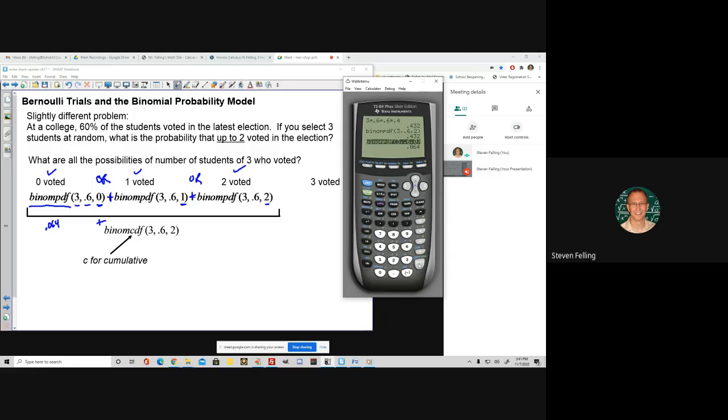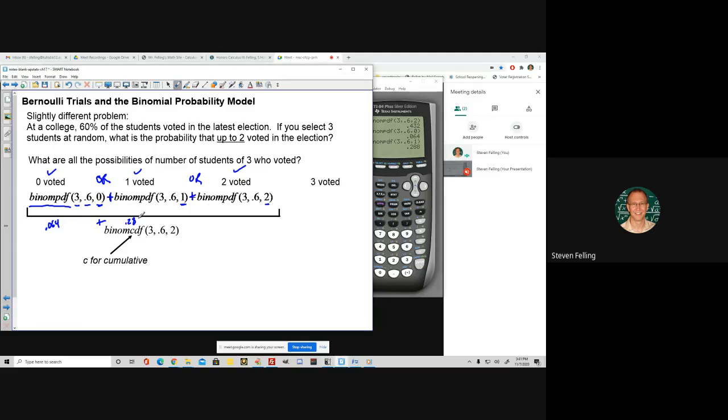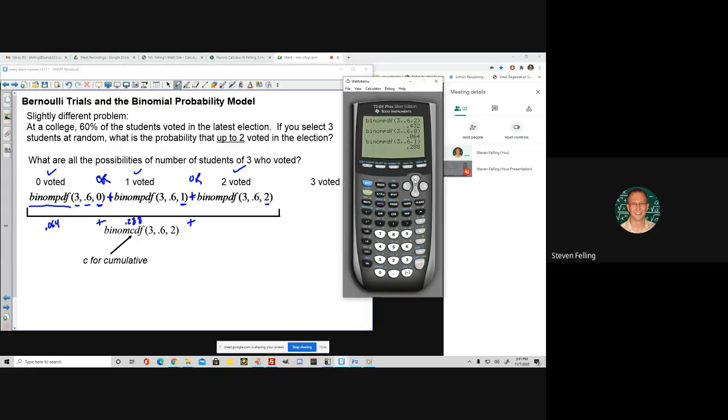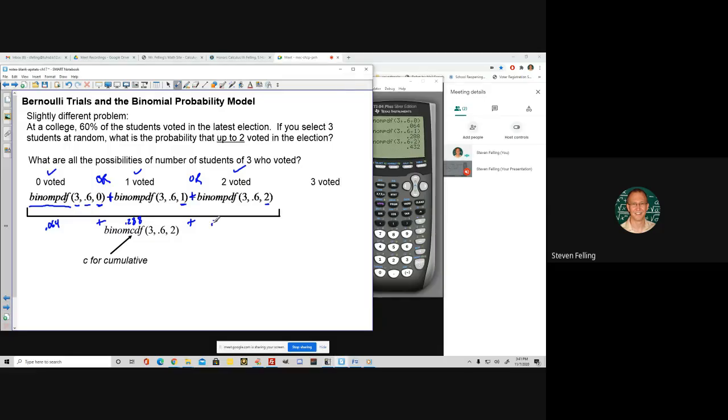I'm going to copy this, paste it down here, and then just go in here and change this to a 1. Has the same effect. That would be 0.288. And then I could add a case for 2 of them voting. So let me go down here and copy that and put a 2 in there. And that would be 0.432.